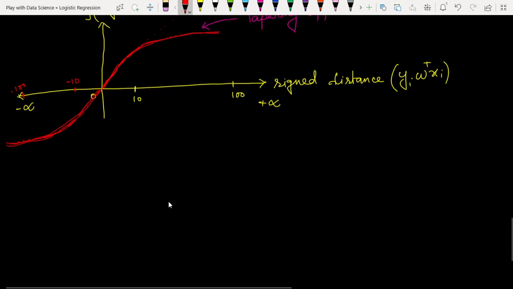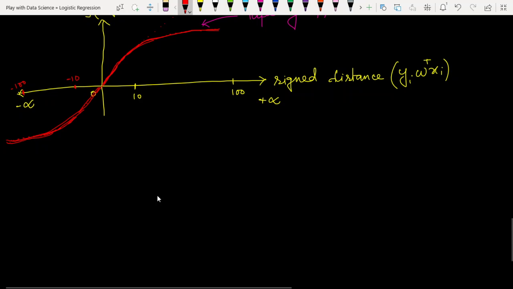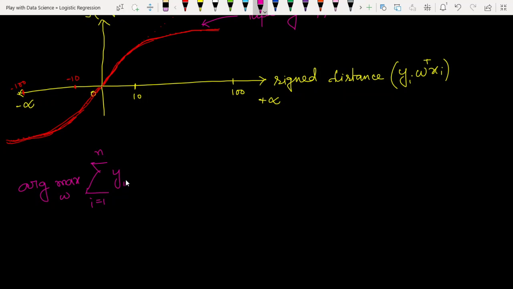So at the end of the day we are using this, just write down. What is our final optimization problem? arg max over W of the summation from i equals 1 to n, and again I am telling you that n is the number of data points of our training set, y_i W transpose x_i.